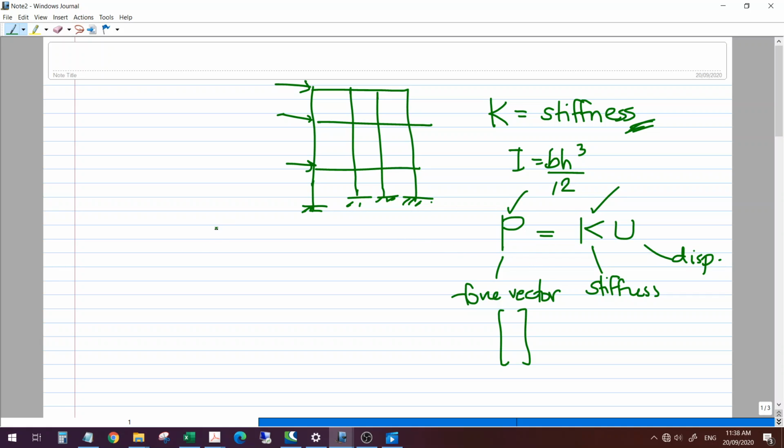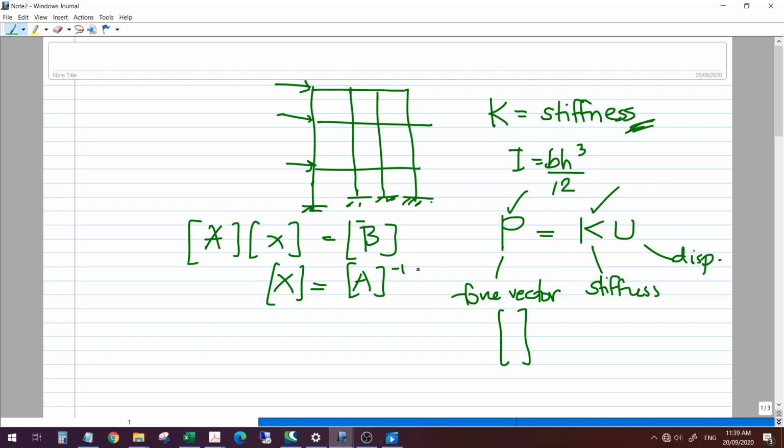And this is analogous to this equation, wherein B is the force vector, A is the stiffness, X is the displacement. And how do you solve this? X, or the unknown coefficient, is equal to A inverse B. So it's the same here. Relate that to P equals KU. Therefore, the displacement is equal to K inverse P.